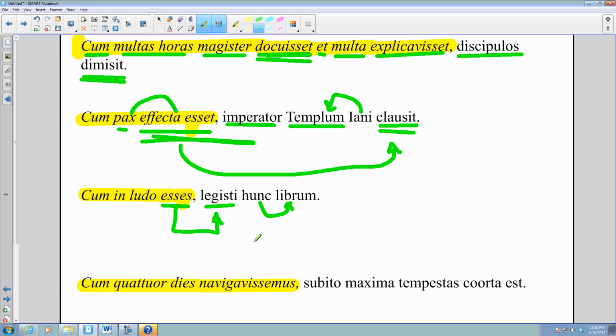This could be translated as present. It could be translated as future. So in this case, when you were in school, you read this book. Same time works. After doesn't.